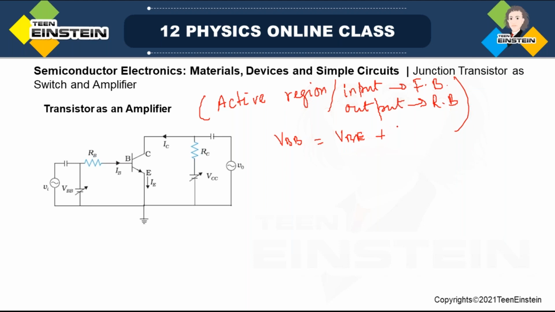This is what we had discussed just a few minutes back, IB and RB. Now we know VCE, that is the output, and that can be written as VCC minus IC RC.